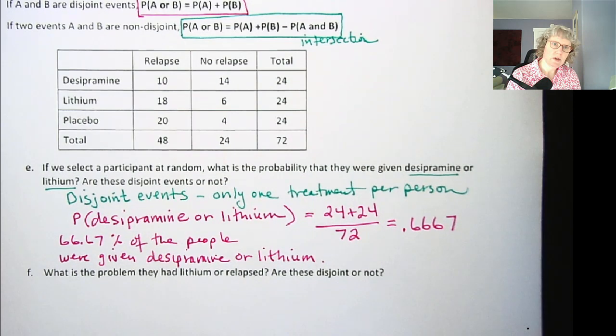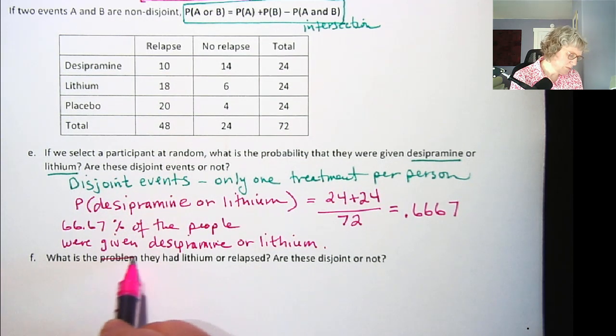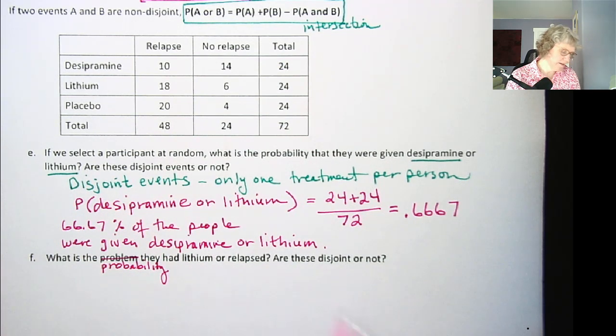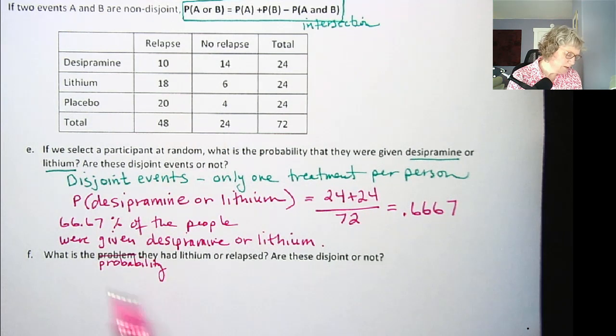Let's see what letter F says. What is the, that's funny, it says, what is the problem? What is the probability? I'd like to say that is an autocorrect issue, but I don't know, so I'll fix that in the notes. What is the probability they had lithium or relapsed? Okay, now are these disjoint or not?